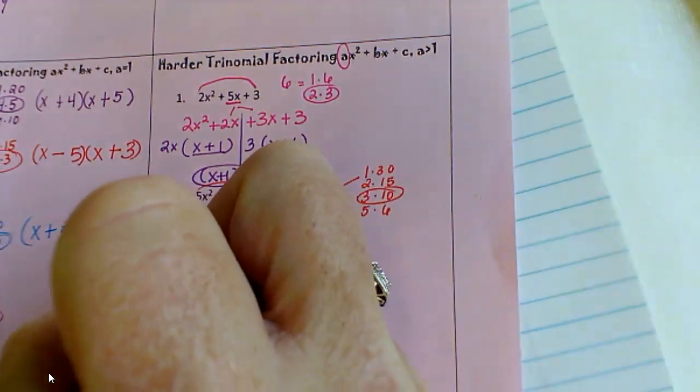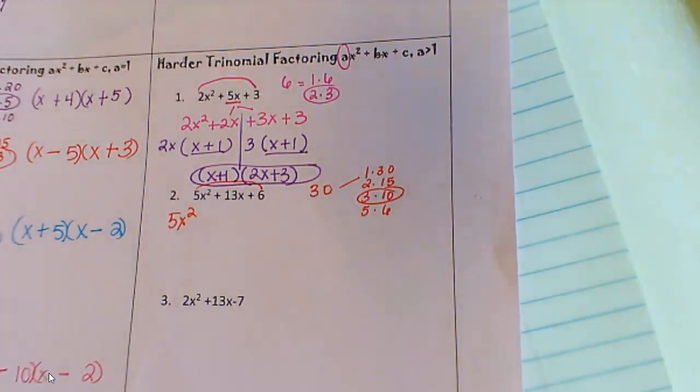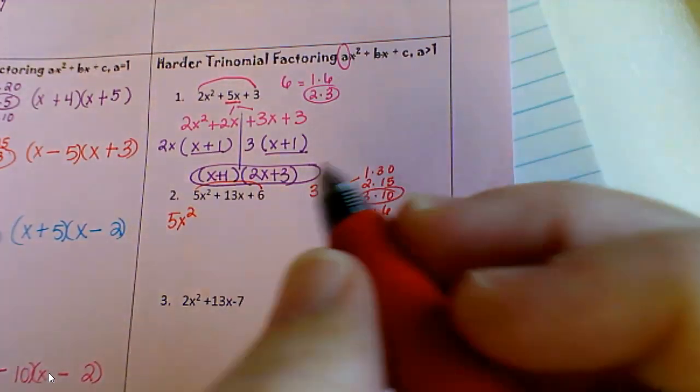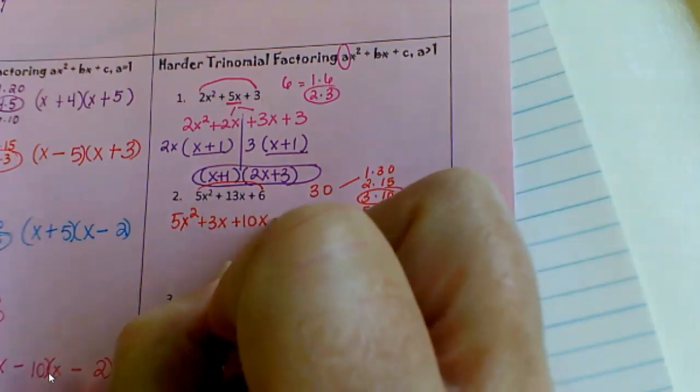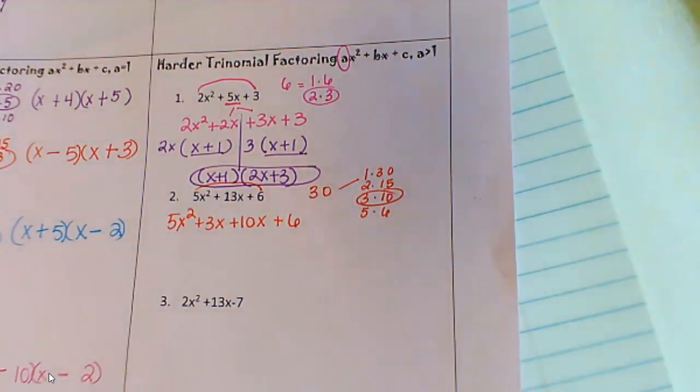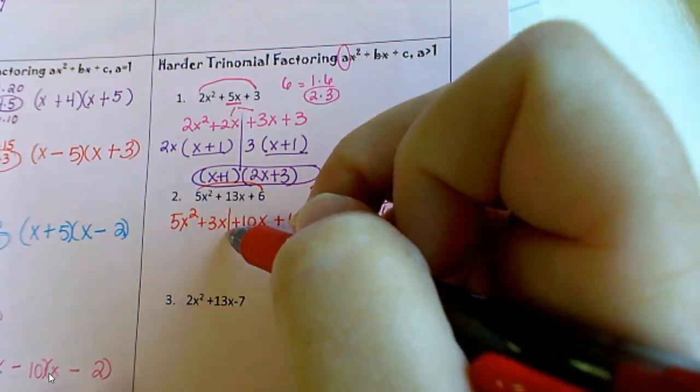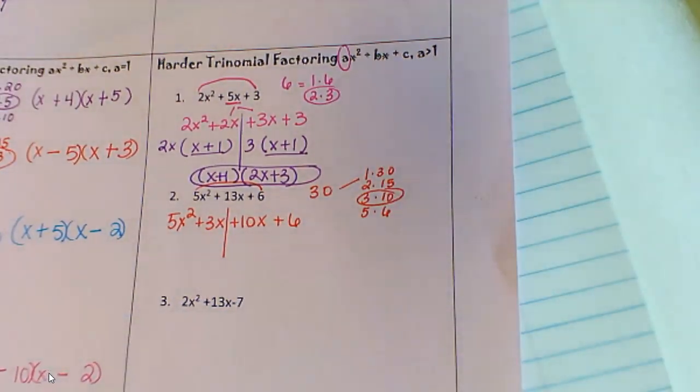Alright, I'm going to replace the 13 with the 3 and the 10. So whatever numbers I pick, I replace the middle with that. And then I just draw my wall to separate it so I can see what's happening. Alright, find the greatest common factor of the first two.